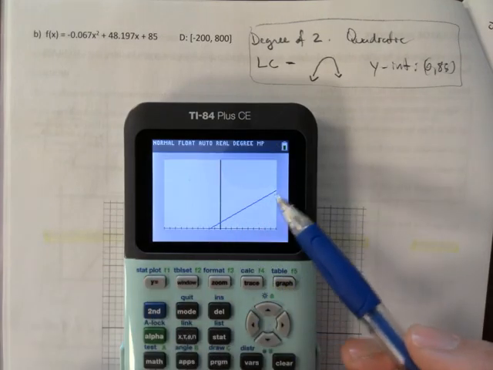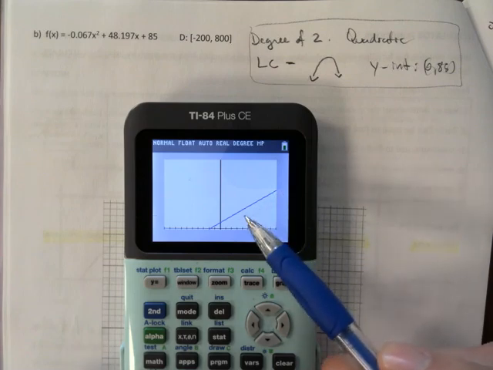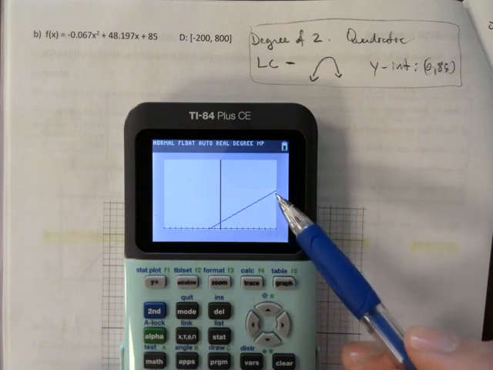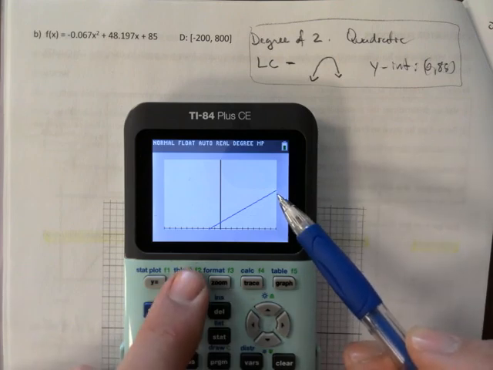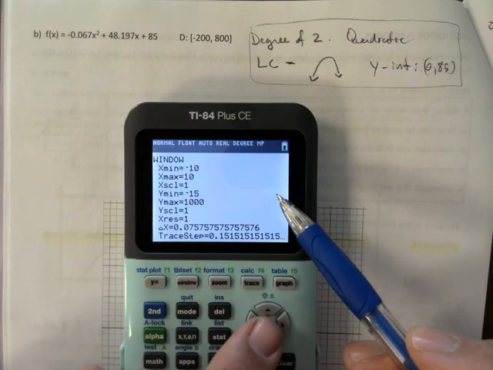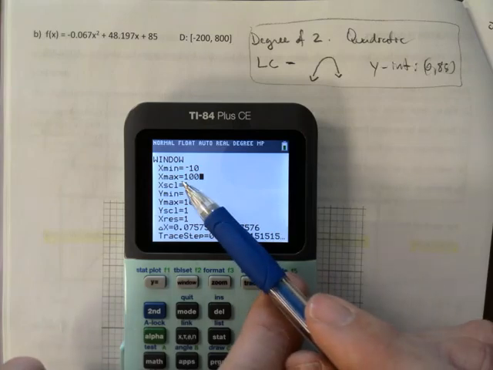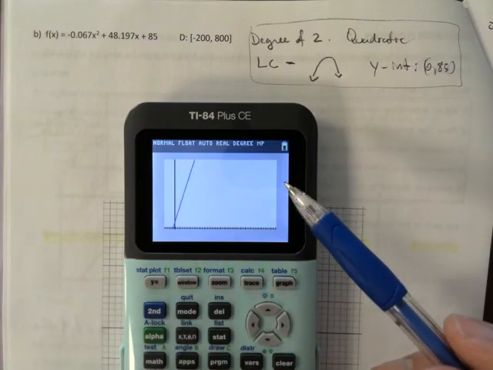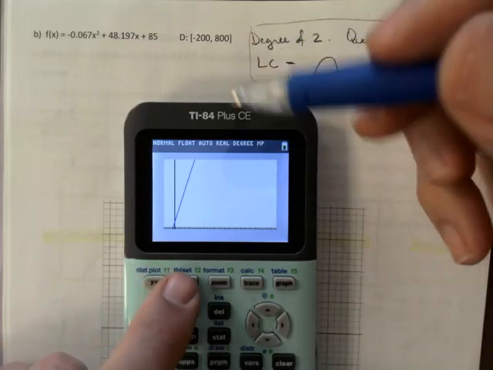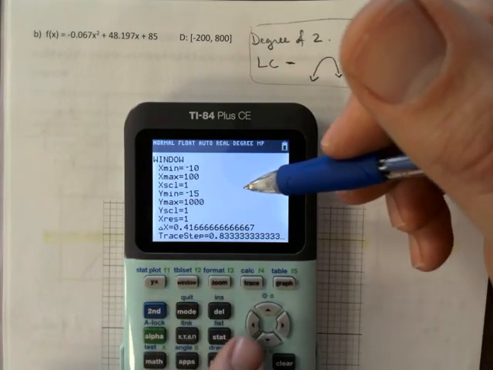So it's going this way, okay? So I'm going to go x max. I'm going to increase x max to see more this way. I want to kind of chase the equation, the parabola. I'm going to go 100 for x max. Still not working for me.